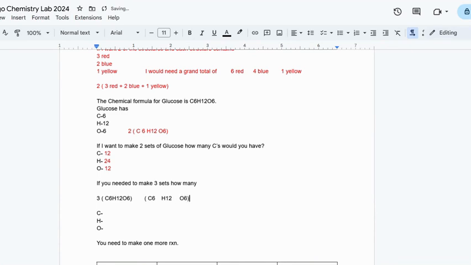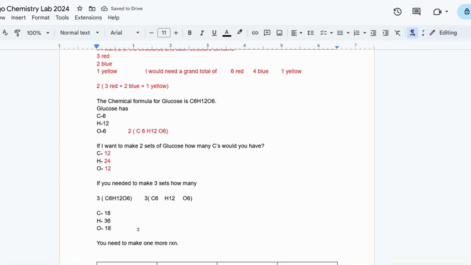If we've multiplied the whole thing by 3, 6 times 3 is 18. 3 times 12 is 36. Last but not least, 3 times 6 is 18.